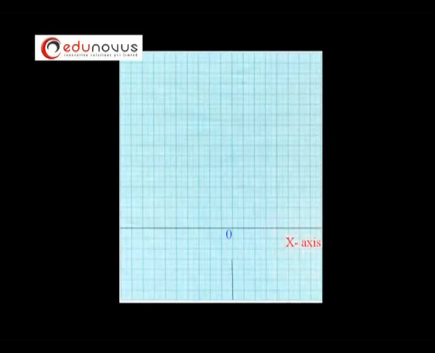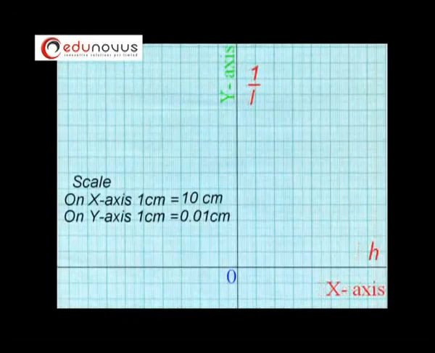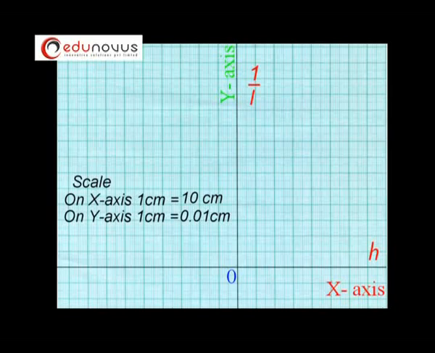Now, we plot the graph by taking h values on the x-axis and 1 by L values on the y-axis. We consider a suitable scale. On the x-axis, 1 cm is equal to 10 centimeters. On the y-axis, 1 centimeter is equal to 0.01 centimeters.